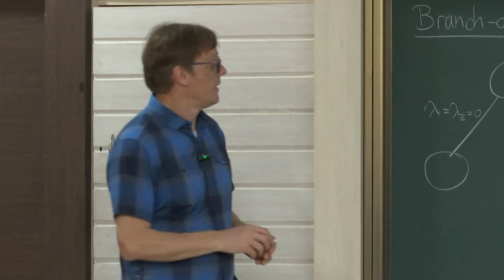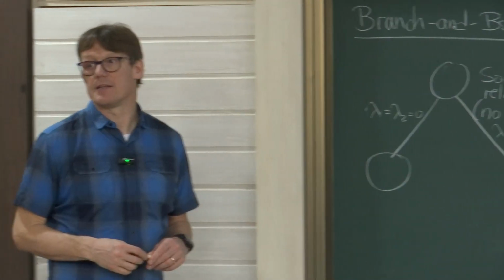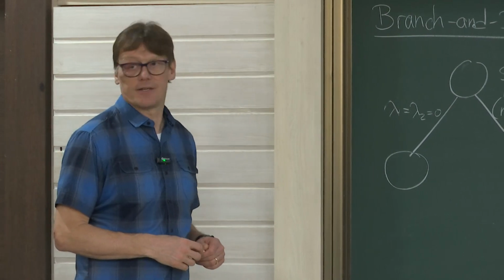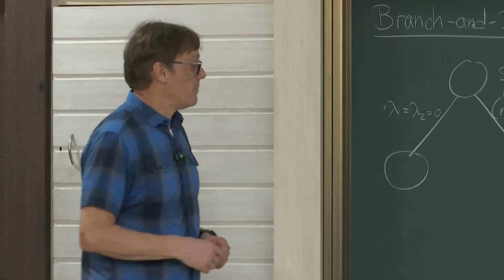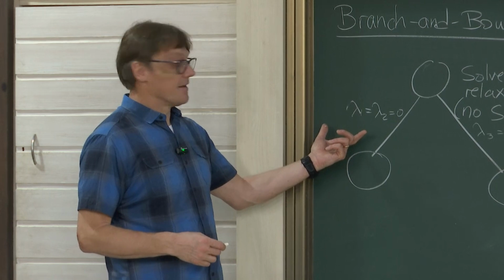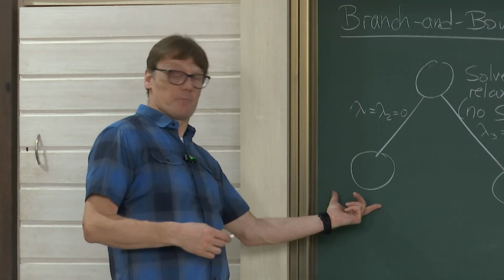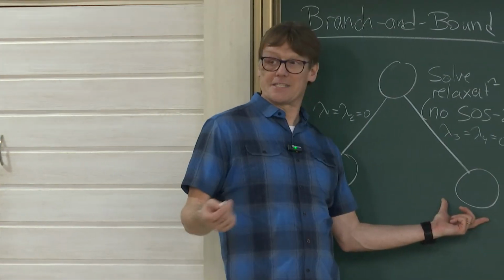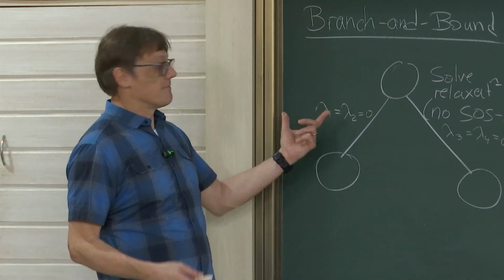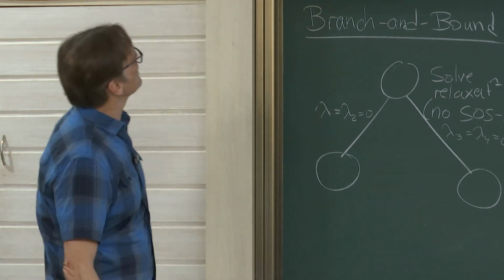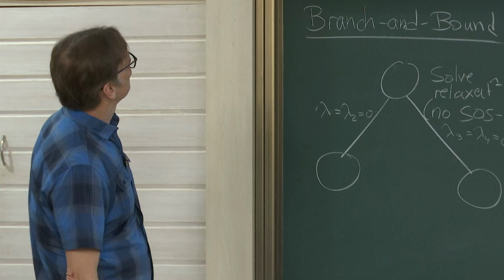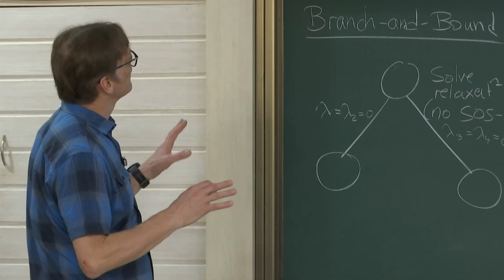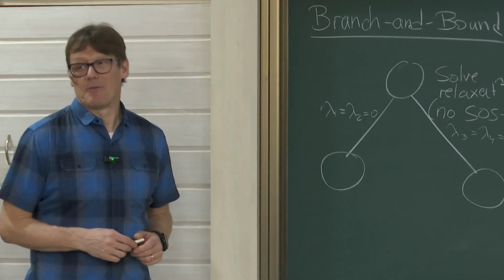But in general, there would be more of these variables that you would need to set to 0, so it's not as simple. But notice that the solution has to lie either in this problem or in this problem for this simple example, right? Is that the only ones? No, there could be more. Okay, I'm not correct.